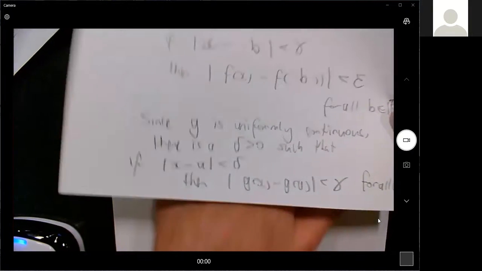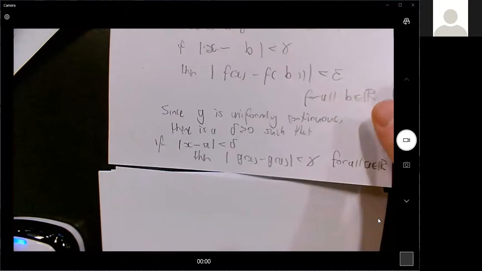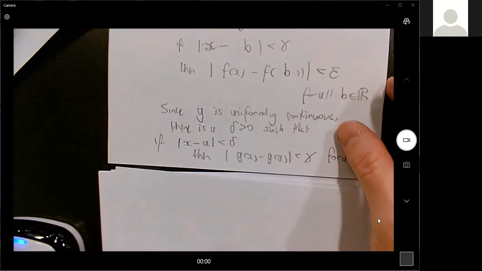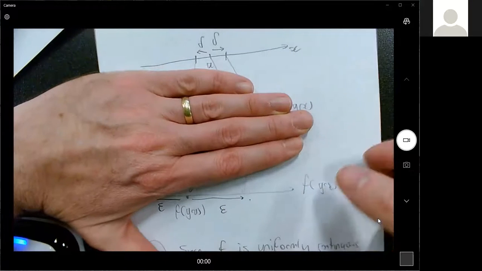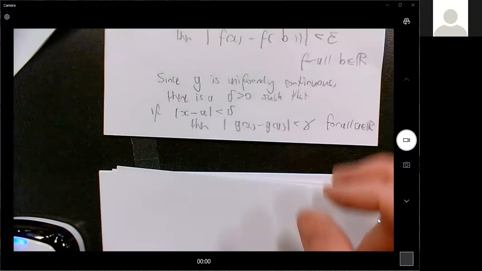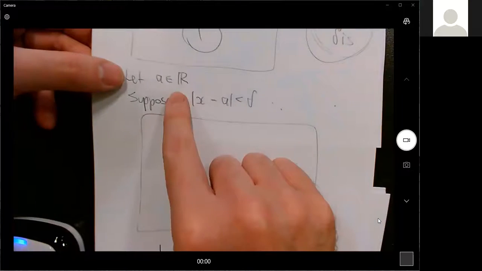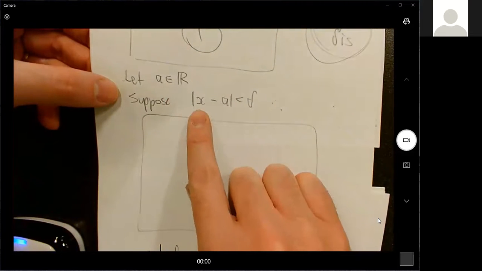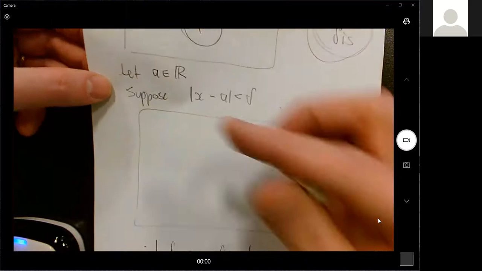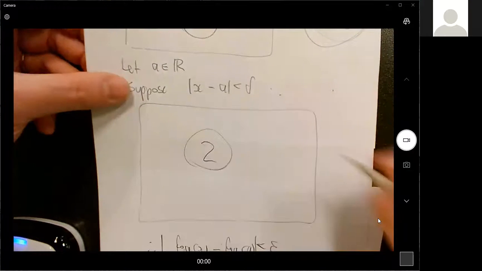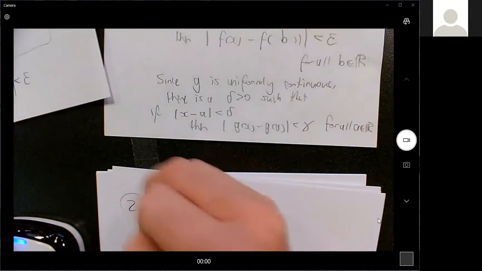So now I have declared the meaning of the delta that I want. And so now I'm going to go direct from here to here, which is what I'm trying to do. So let A be something in R, and suppose that the distance between x and A is less than delta. And this is going to be my proof part number 2.